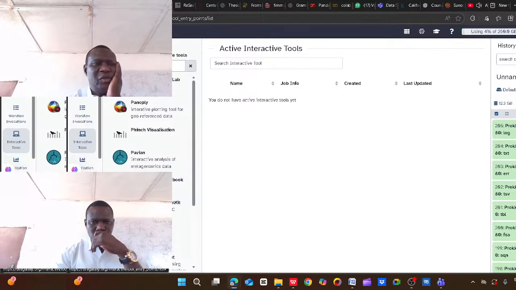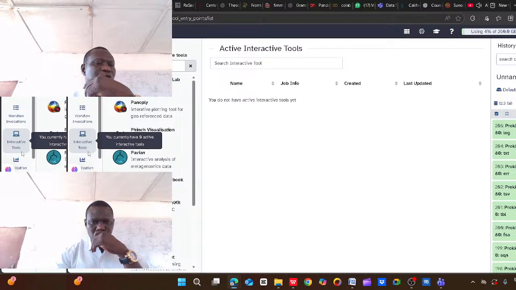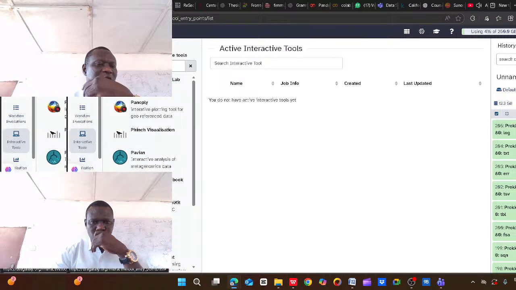You see upload, you see tools, you see workflow. You will see workflow invocations, interactive tools, visualization, histories, history multi-views, and you see notification and more.